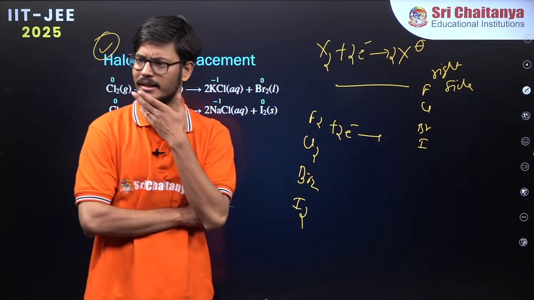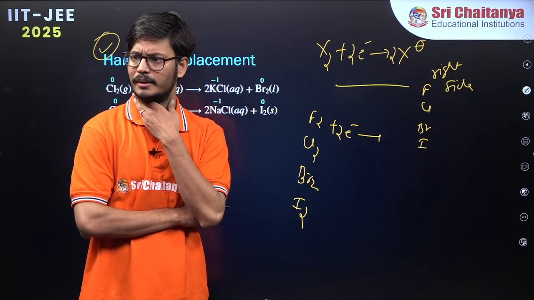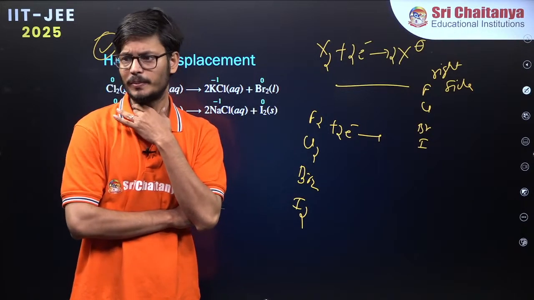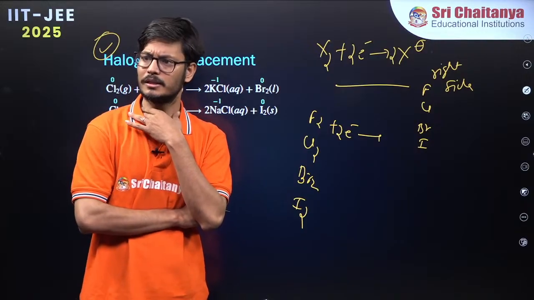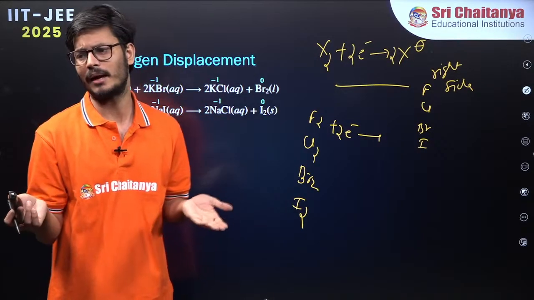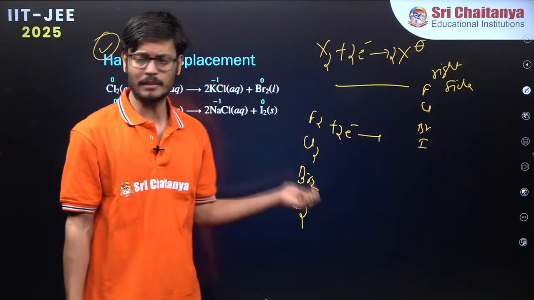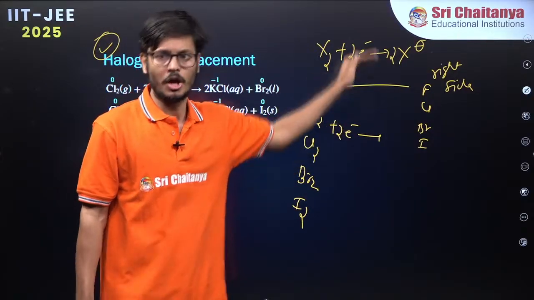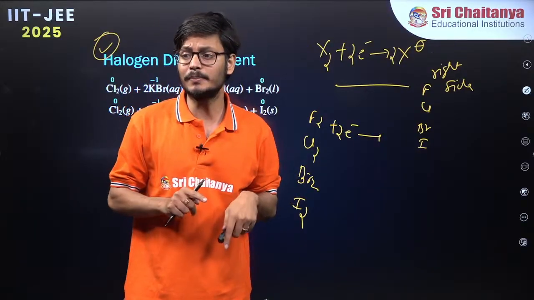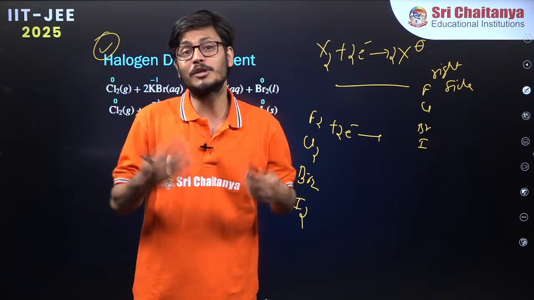Decreases. Who is saying increases? Noble gases also participate in reactions, beta ji, but that is a different concept. We are not going into that. Decreases, right? I have explained this concept. Left to right in the periodic table it increases, top to bottom it decreases. So, which can easily accept electron? The one which has more electronegativity.